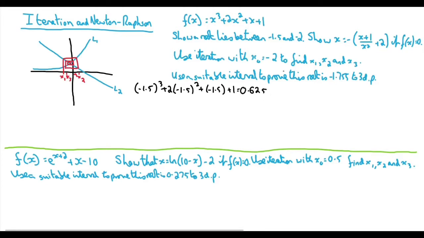Now if we did it again with the minus 2, so minus 2 cubed plus 2 lots of minus 2 squared plus minus 2 plus 1, that gets you minus 1. So when we have an x-coordinate of minus 1.5, we would get a y-coordinate of 0.625. Yet if we just go the tiniest bit to the left and go to x being minus 2, we now have a y-coordinate of minus 1.